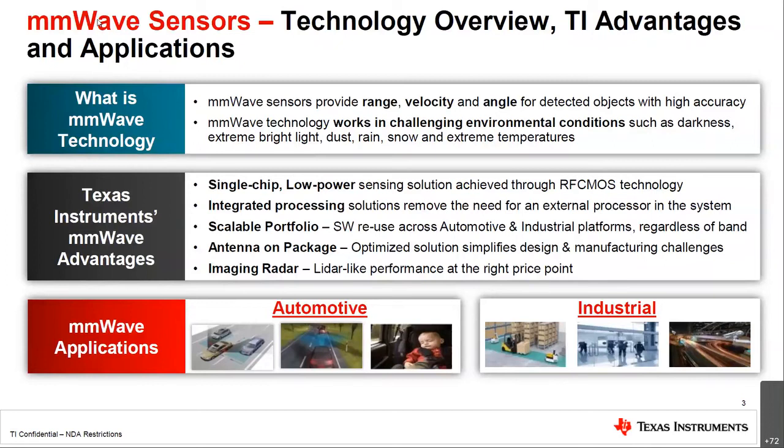But this could also be extended to more consumer type applications such as gesture monitoring, vital signs, heart rate detection, things like that. It's all the same kind of technology. TI provides various demo software that can be used to assess any of these kinds of capabilities. But the use case we'll deep dive into today is focused on in-cabin sensing.